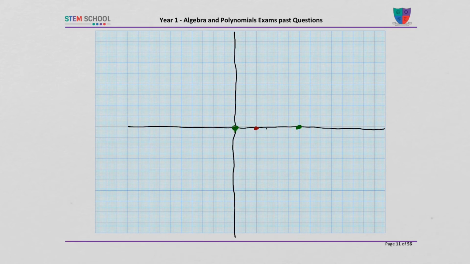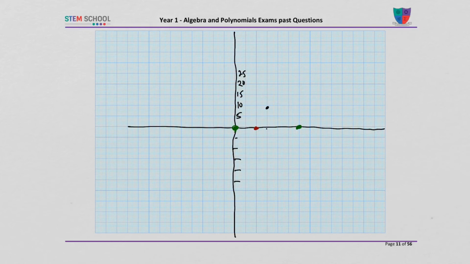I'm going to use this scale as 5, 10, 15, 20, 25, and minus 5, minus 10, minus 15, minus 20, minus 25. When x is 3, y is 9. x is 3 there, y is 9. So if I put it here, that's the point there.